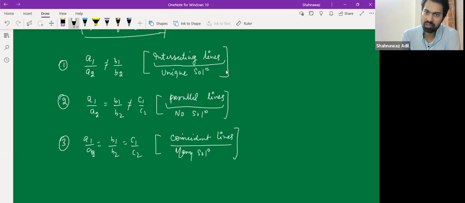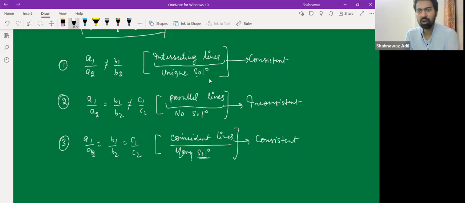So this is called the consistent one. This is called the inconsistent one. And this is also called consistent. Whenever you have a solution, it is called a consistent equation.